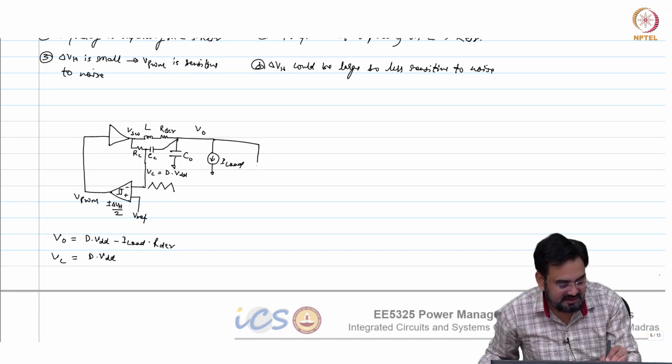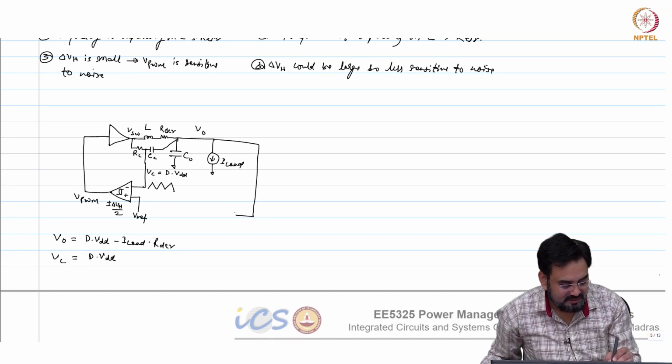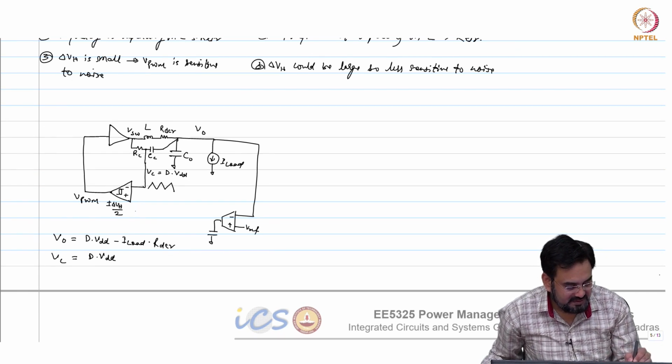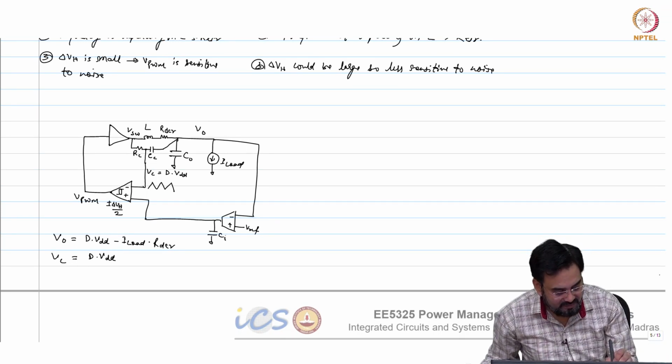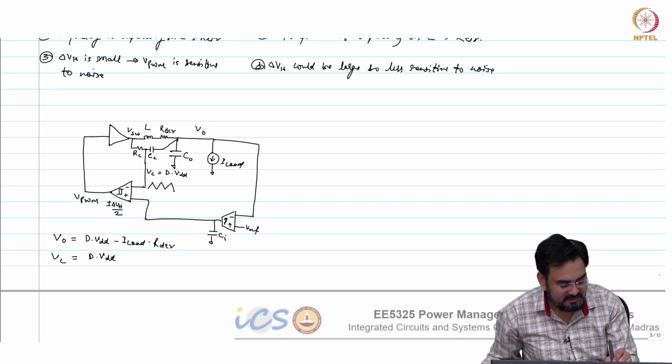So, it will be something like this: minus, plus, Vc, Vref. Now this guy will be controlled by this. We call it integral.